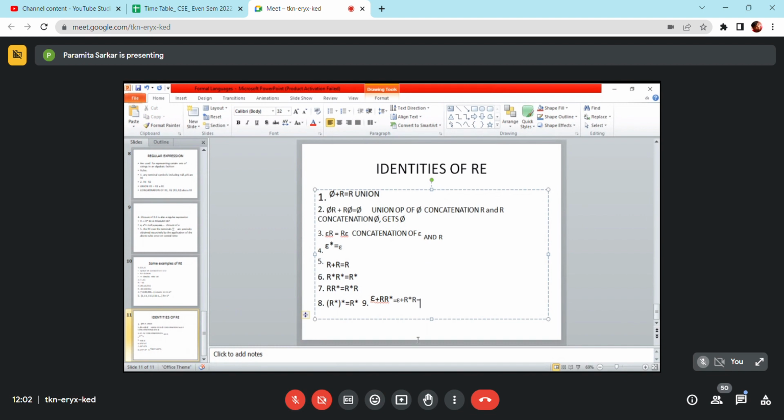And now how do we get this from this one? From identity number 7, closure of r. In these identities it says that epsilon plus, that means union of epsilon and r star, is r star.